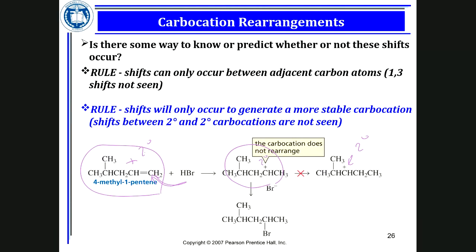When you look at the condensed formula, you draw the carbocation that is forming. Then you look for rearrangement. If the order does not change, then no rearrangement. So if it's secondary going to secondary, it's not going to take place. But if it's secondary going to tertiary, it will take place.